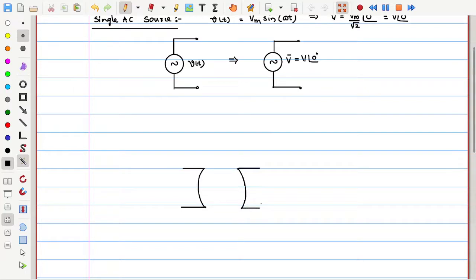Let us consider that this is a certain magnetic system. I am taking a simple magnet which is cut into this shape. Let us say this is the shape of the magnet.